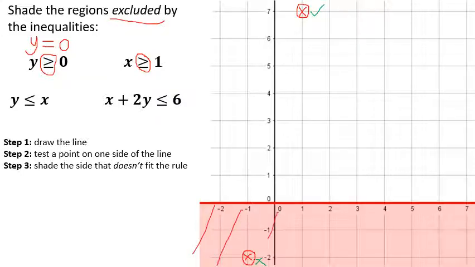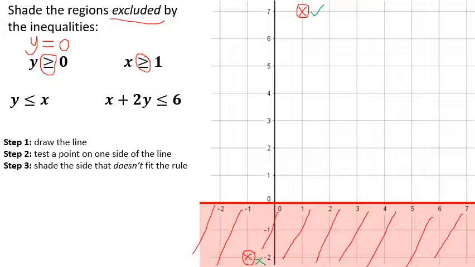This is fine, as long as it's clear which side of the line you're interested in and which side you're not. So we've shaded out the bit that we're not allowed to be in, and we're left with just the region that we are allowed to be in. And you should find that any point within the region above the line here is valid, and any point below the line is not valid because it doesn't satisfy the inequality. In other words, it doesn't fit the rule.